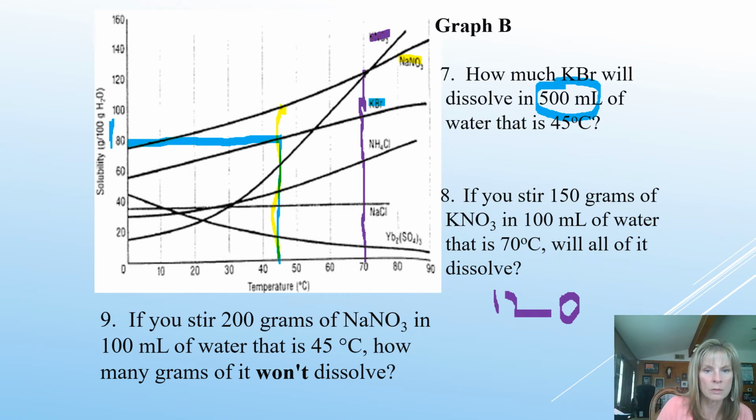Okay, there we go. Right there. Okay, at 45 degrees, it looks like probably, again, if your teacher could draw a straight line, about 100 grams. So if I put 200 grams in there, how much won't dissolve? 100 grams won't dissolve. 100 grams will dissolve, but I tried to put 200 in there. All I'm going to get that dissolves is 100.